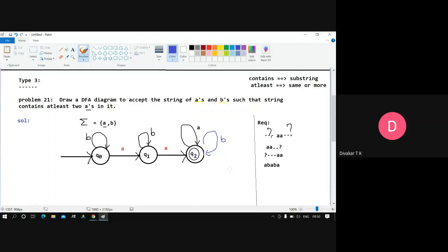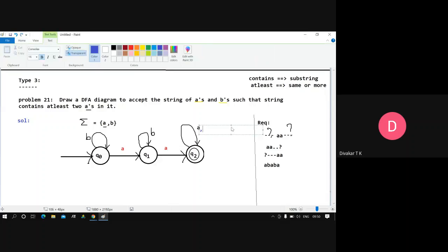If you are mentioning a loop for two symbols, meaning one or more symbols, you just specify them with a comma here. That is more than enough. A comma B here is enough. No need to mention two loops here.